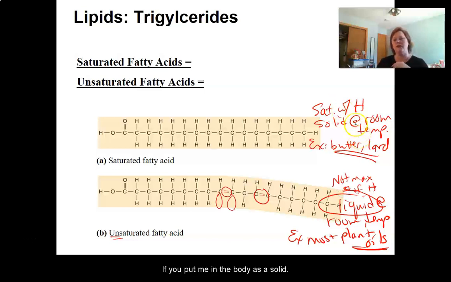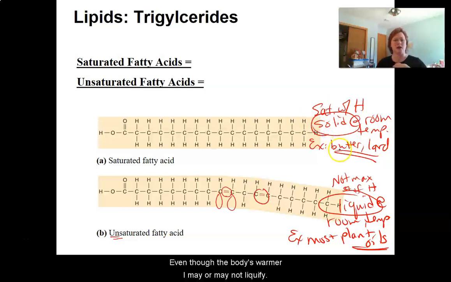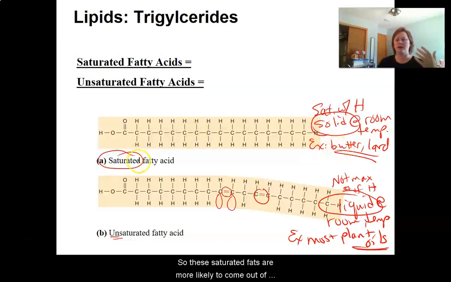But if you put me in the body as a solid, even though the body's warmer, I may or may not liquefy. So these saturated fats are more likely to come out of solution, form plaques in the walls of arteries, and potentially form blockages that can be life-threatening. Now my triglycerides, if I'm storing these fats, are going to tend to be used for long-term energy storage.